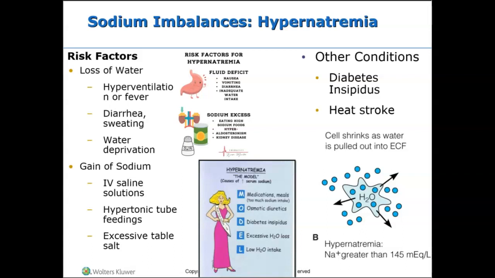This can be through IV solutions, tube feedings, too much table salt. It could be due to chronic diseases like diabetes insipidus, which you're going to learn in Block 3. But you should know that diabetes insipidus can cause hypernatremia. Heat stroke could also lead to hypernatremia as well, right? Because we're losing a ton of water, right?